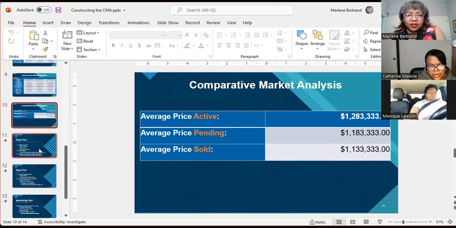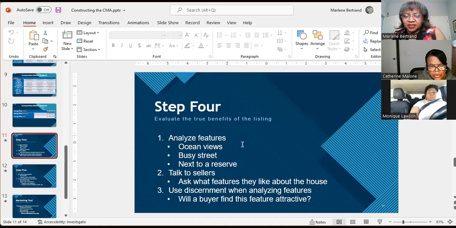So now in step 4, we're looking at the property and where it's located. Does the property back up to a forest reserve? Because some people like that and some people don't. That's why it's also good to understand the demographics of the area. Do people like that? For instance, my brother lives in Washington State.